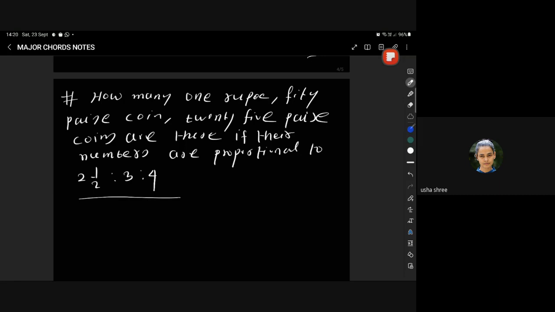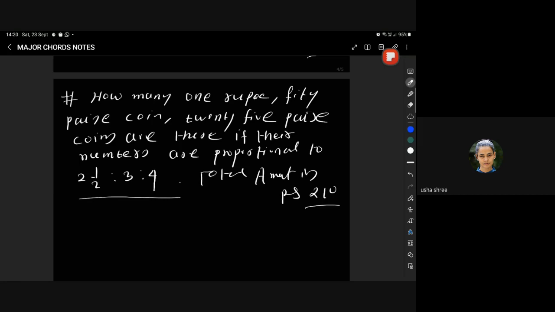Now the total amount is 210 rupees. In the 210 rupees, all coins are there, and the proportion of the coins is 2.5 is to 3 is to 4, for 1 rupee coins, 50 paisa coins, and 25 paisa coins. The total amount is 210.